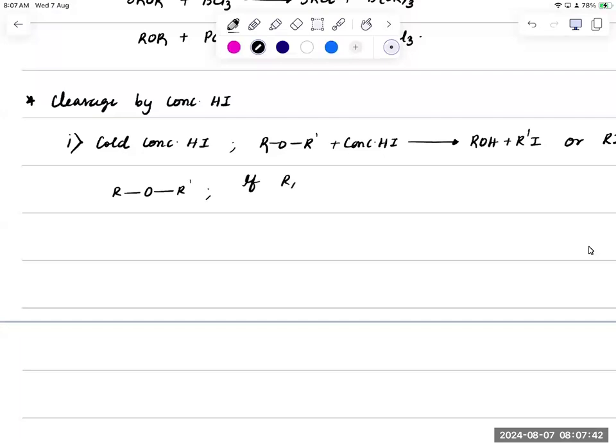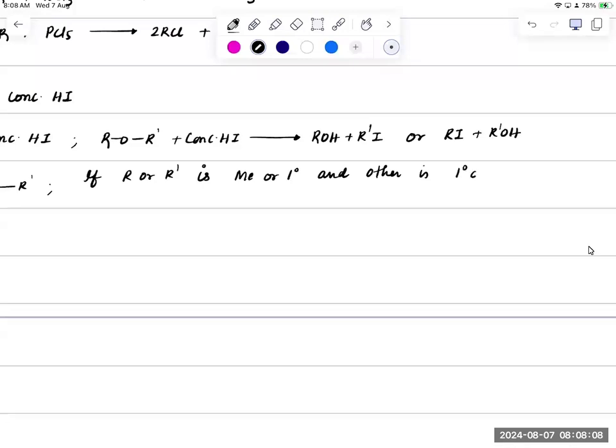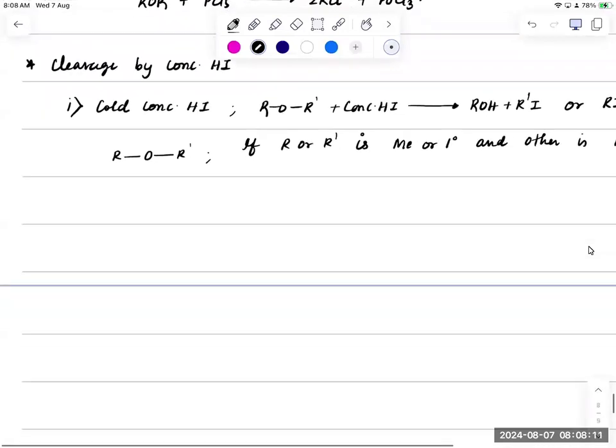If R or R' is either methyl or 1 degree, and the other one is 1 degree or 2 degree, then only SN2.